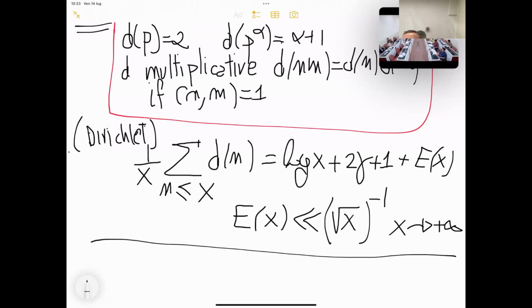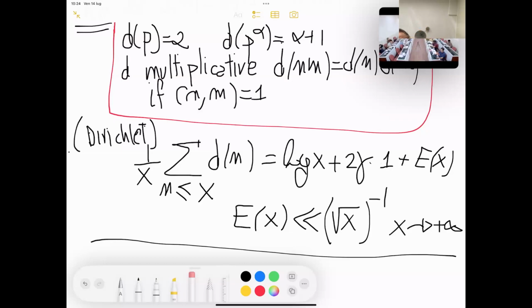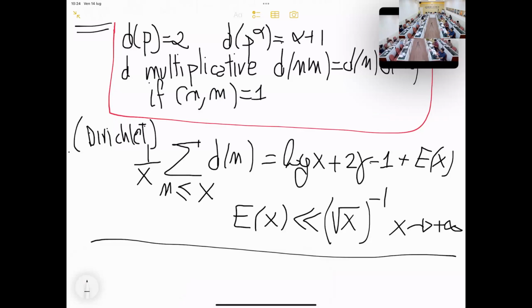But on average, it's always the log of x plus a certain constant. Sorry, I made a mistake here. This is -1. It's always the log of x plus a constant with an error term that tends to 0 in this fashion.